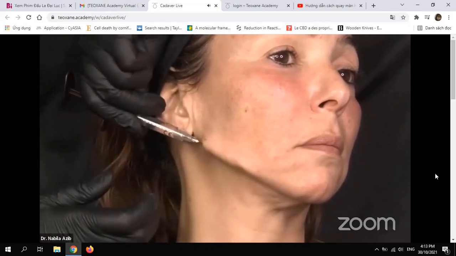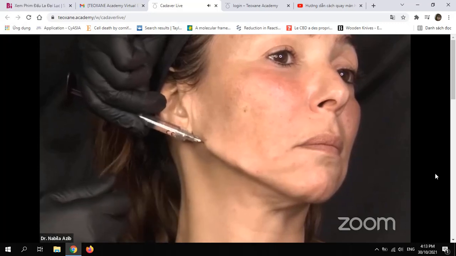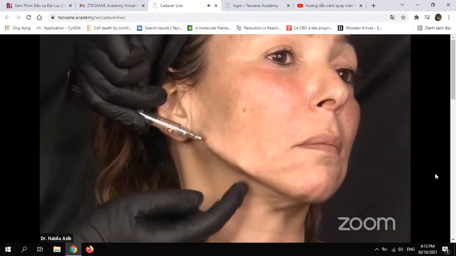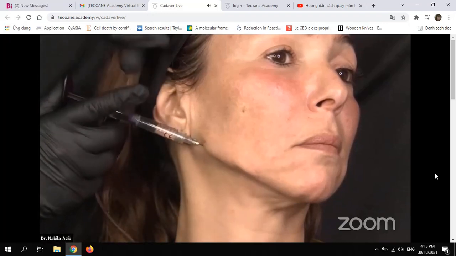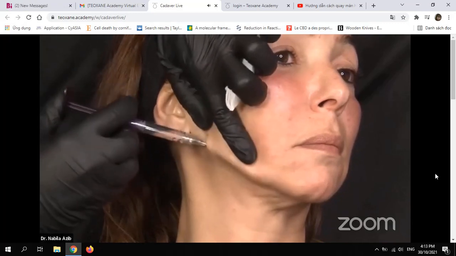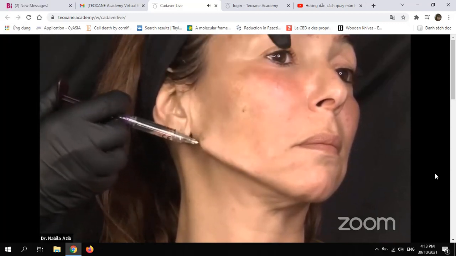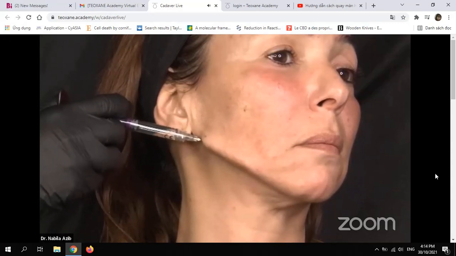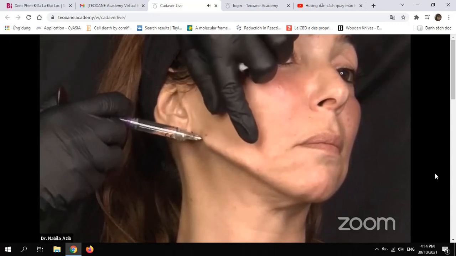So now I'm lifting my cannula, and you can see that I'm not that superficial. Of course, I'm not deep because I want to avoid the facial artery. I'm on the subcutaneous layer, but I'm medium deep here. Yes, we can see it perfectly. And that is the only area that you will see me injecting quickly, because usually I'm a slow injector.